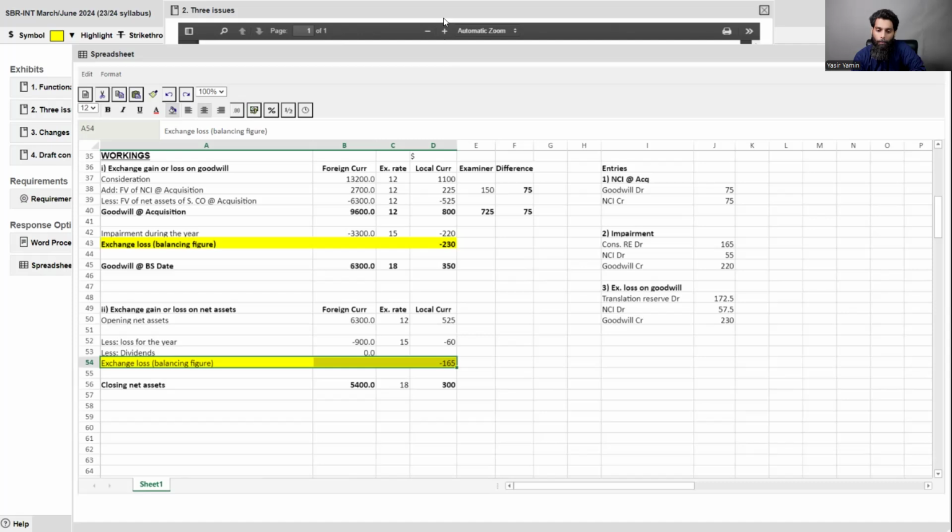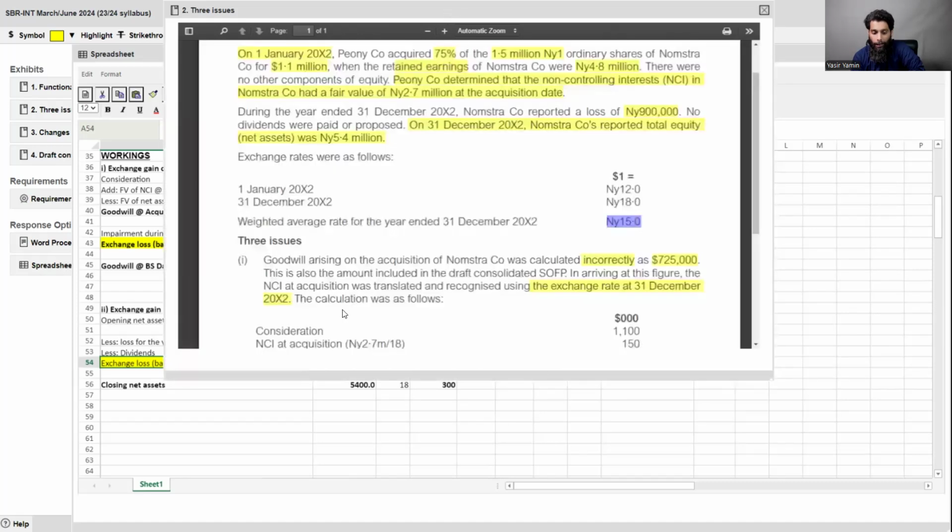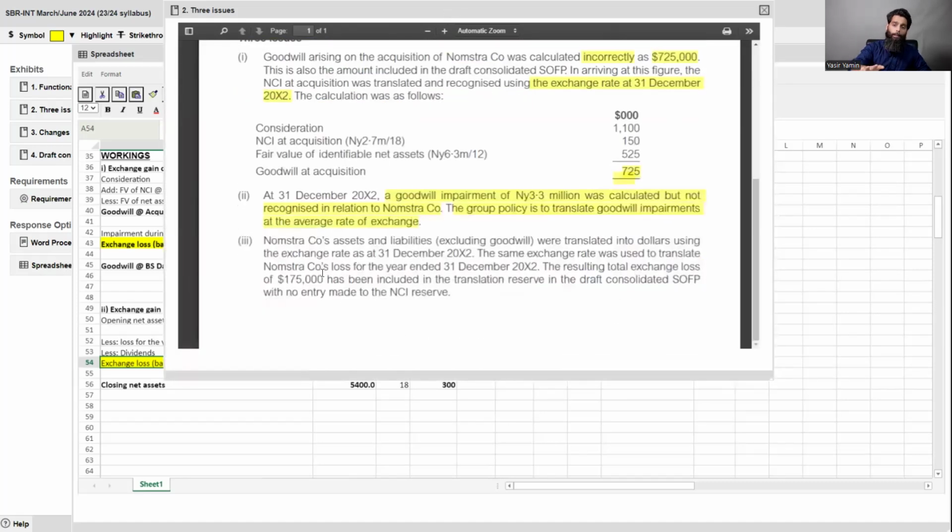Whereas if you remember, the paragraph said that the examiner has already done the working of exchange gain or loss on net assets, but they translated the Nomstra company's loss for the year based on the closing date exchange rate, and accordingly, they have calculated a loss of 175.